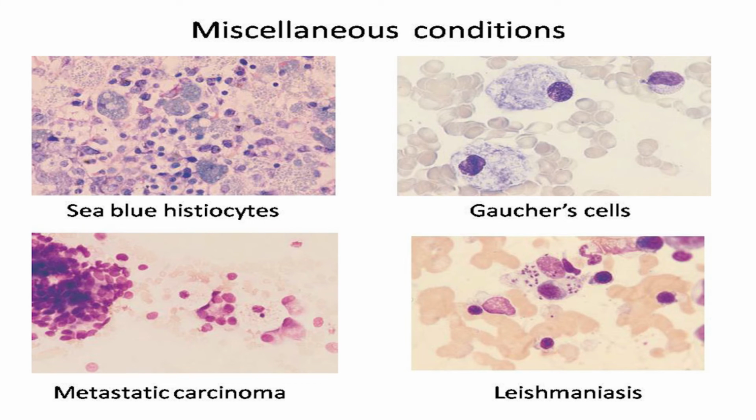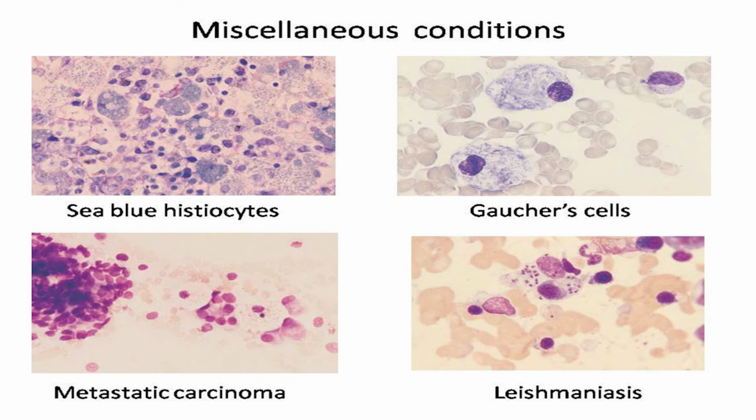Now these are the miscellaneous conditions, not very specific, but there are many articles on this. That is, sea-blue histiocytes, yes, you do see them in the bone marrow; they are non-specific, not diagnostic of any specific condition. Gaucher cells and Niemann-Pick: as far as Gaucher is concerned, we did not have a single case in bone marrow.